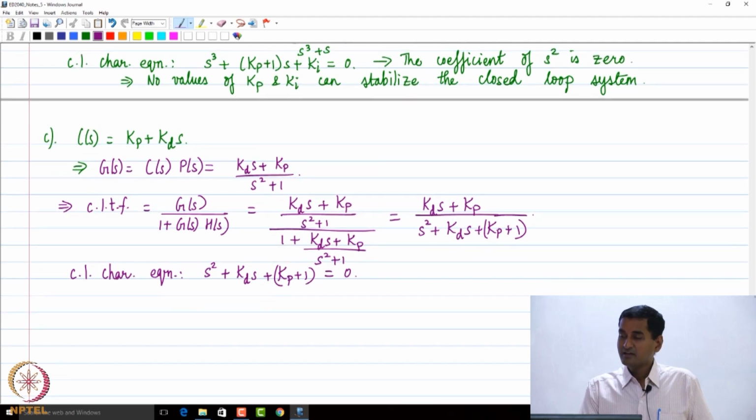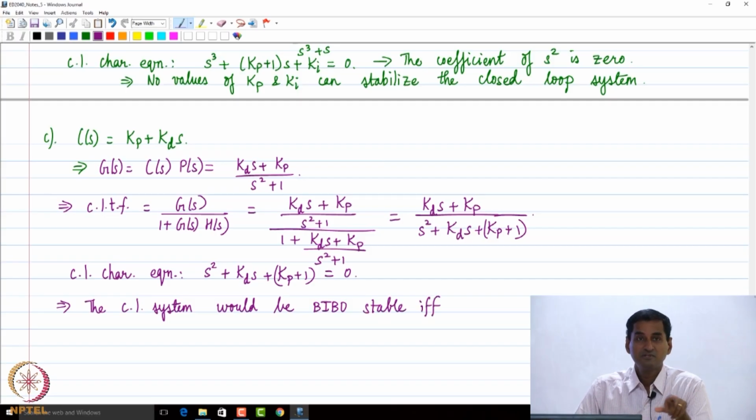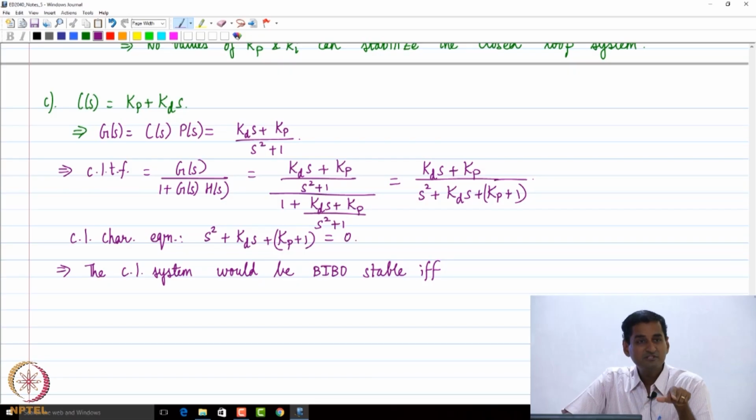As I discussed, for polynomials of order 2, the necessary and sufficient condition is that all coefficients must be non-zero and of the same sign. So the closed loop system would be BIBO stable if and only if all the coefficients are non-zero and of the same sign.